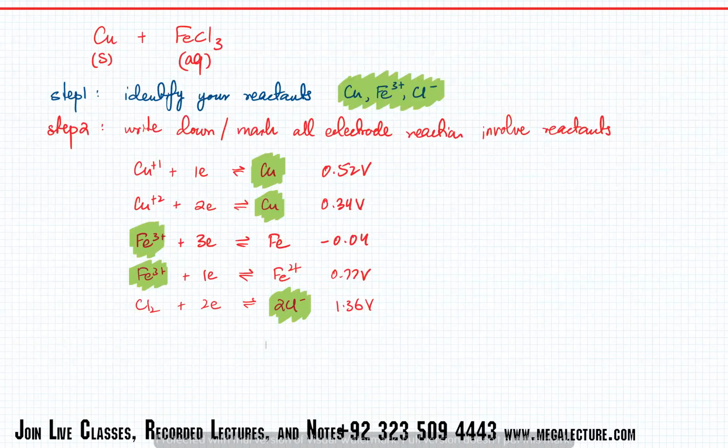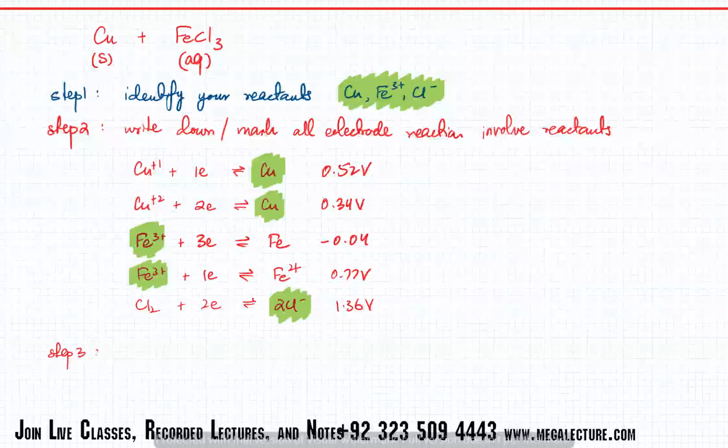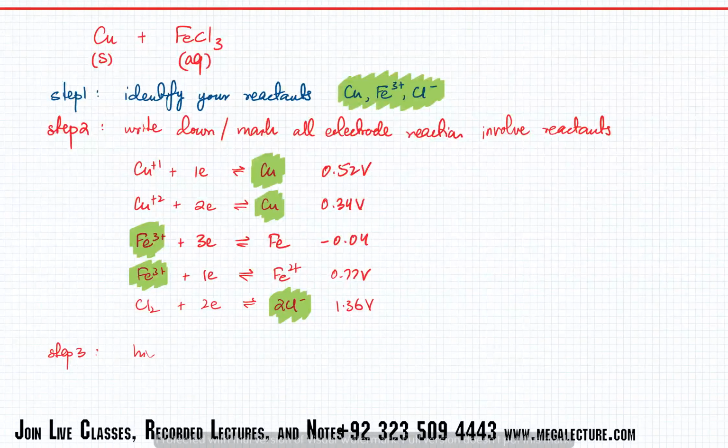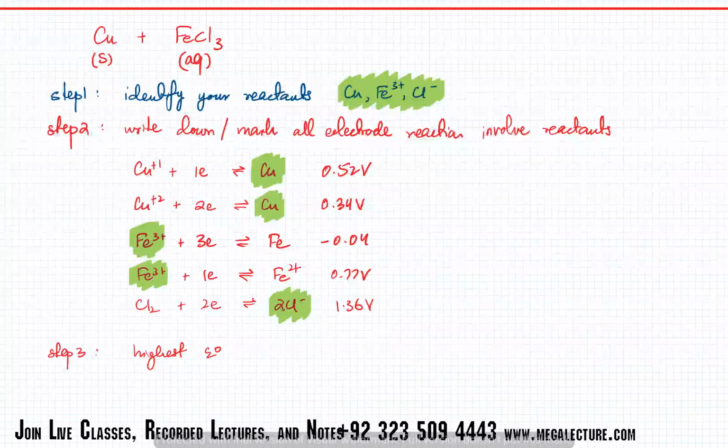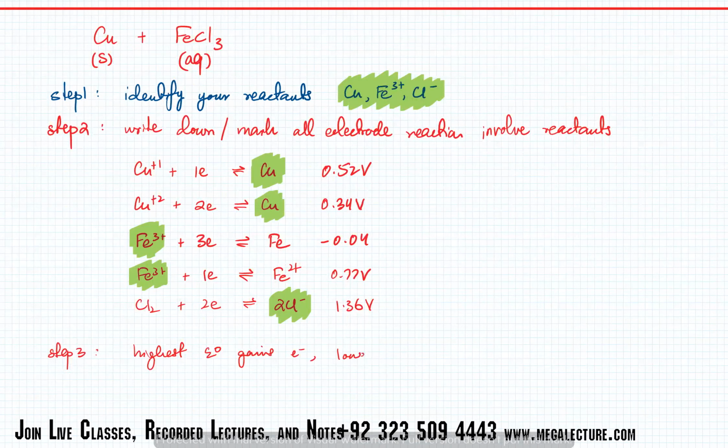Now, step number 3 is the same one: the highest potential. Out of all these possible reactions, who's going to gain electrons? The one that's got the highest E naught gains electrons, and the lowest one out of all of them is the one that's going to lose electrons.